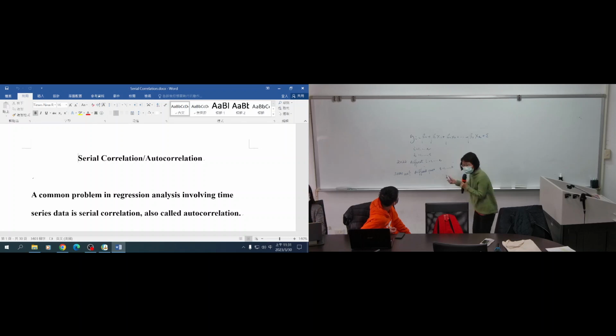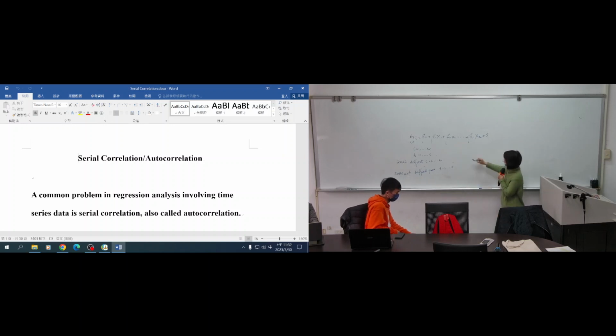And I like to use this to connect with what we learned from chapter 10, which is heteroscedasticity. And now it's serial correlation, okay? Let's see the matrix. Just take a look at this matrix, okay? Whether we go from i to t, this is about residuals.